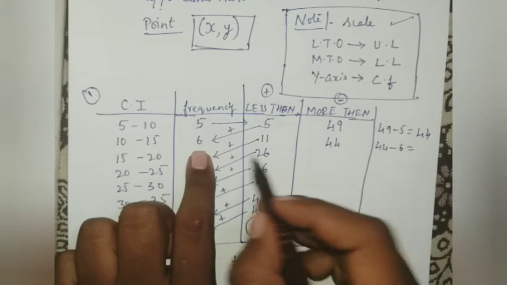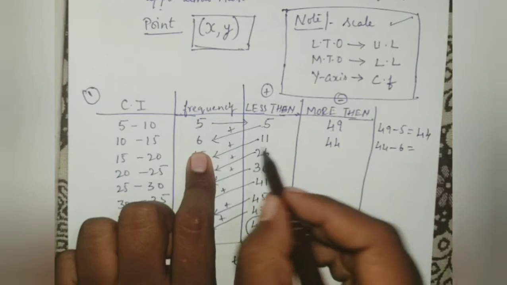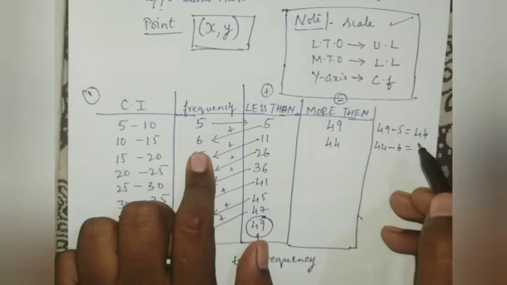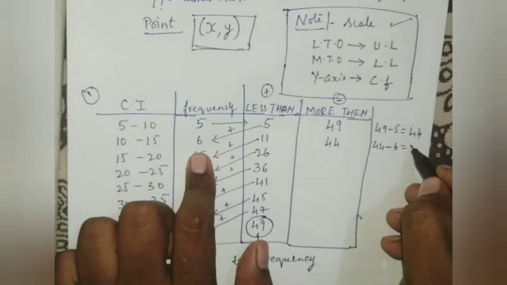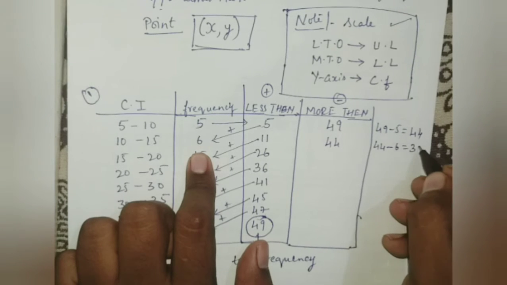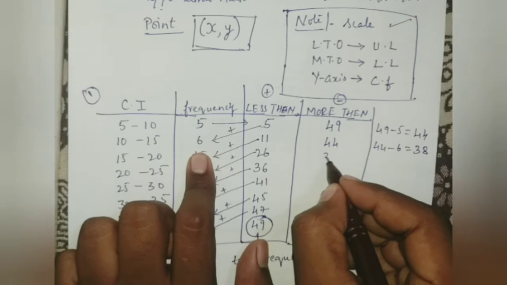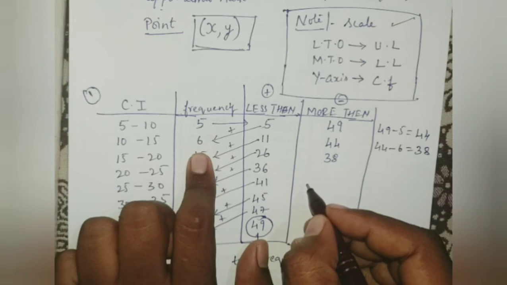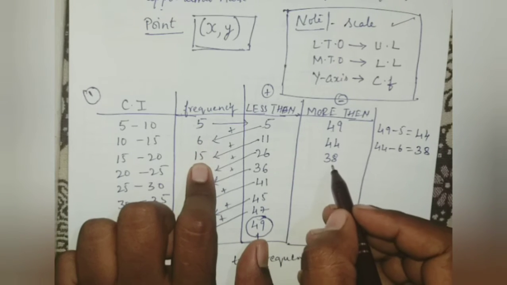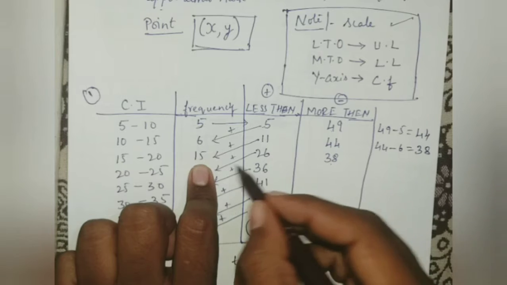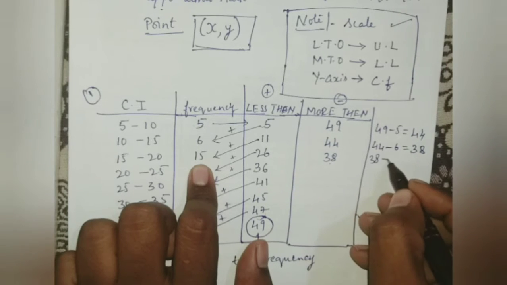Can you see my hand? I'm subtracting in a straight line. It's nothing but 38. So the answer is 38. Again, 38 minus 15.